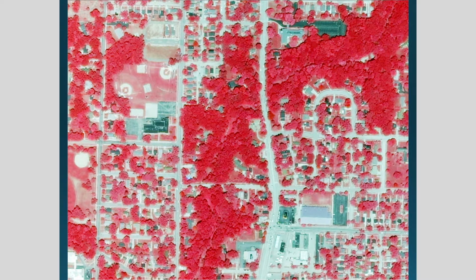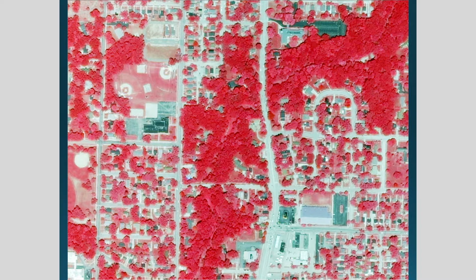So we've had available to us the near infrared. And you can see that the tree canopy really pops out at you. And you can use that, kind of go back and forth to try to determine your lines that way, your polygons.